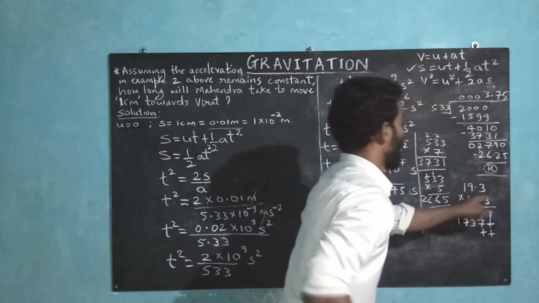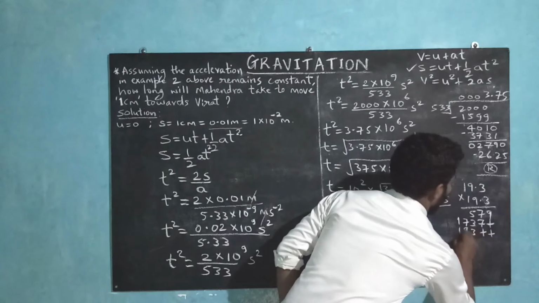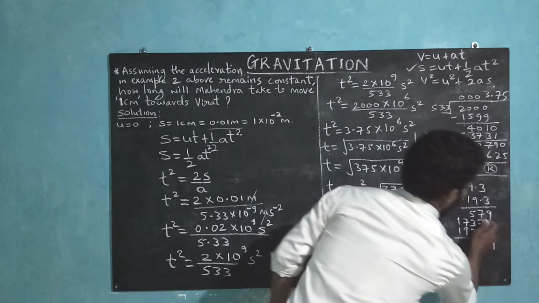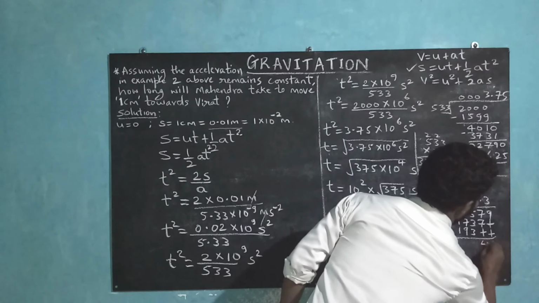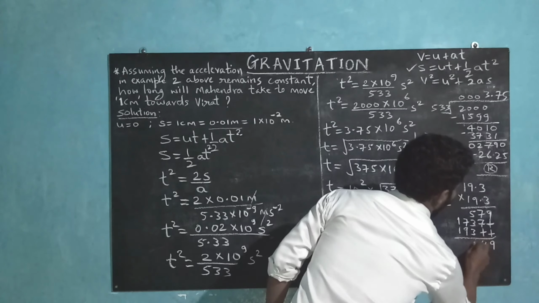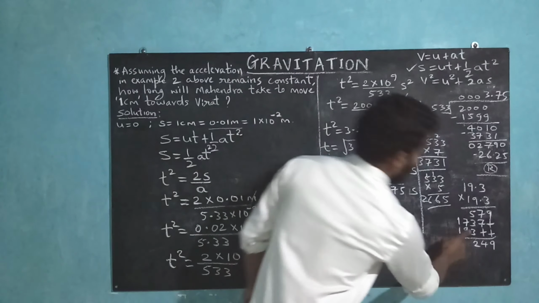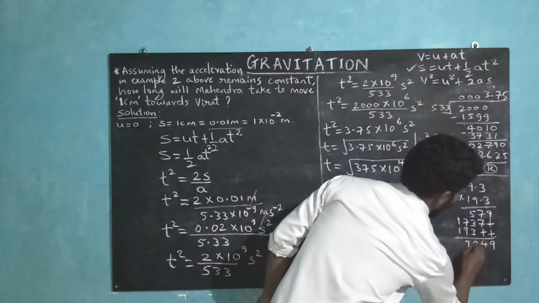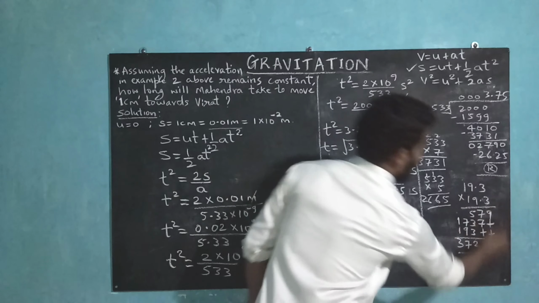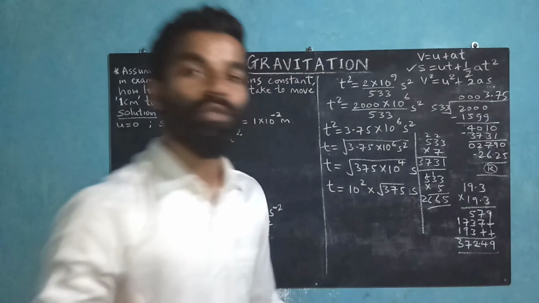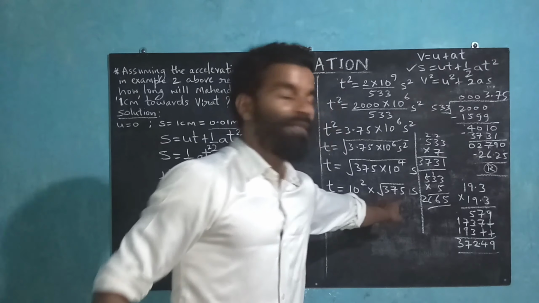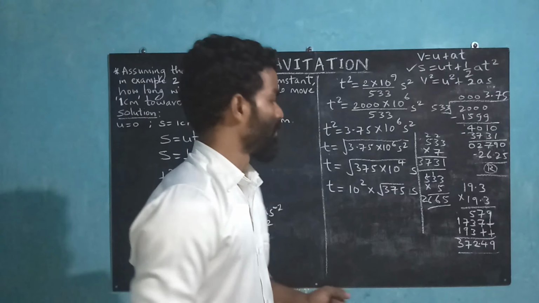Plus this 3, 9, 1. Just add that. This will be 9, 7 and 7 will be 14. Carry 1, 3 and 3, 6, and this 6 it will be 12. And then carry 1, so it will be 17 here. Carry 1, 3. So the point is after 2 places. So it comes to 372.49. This is 375. So slightly more than that.